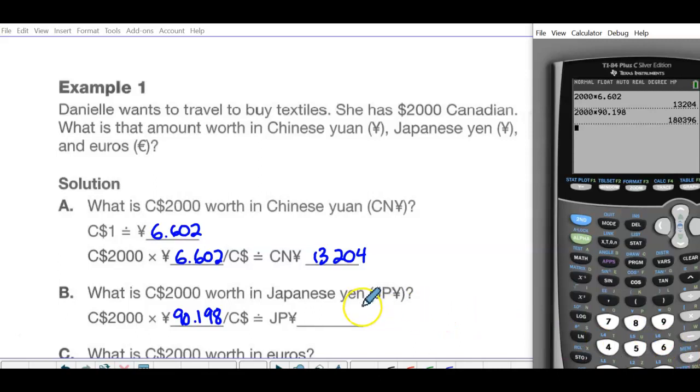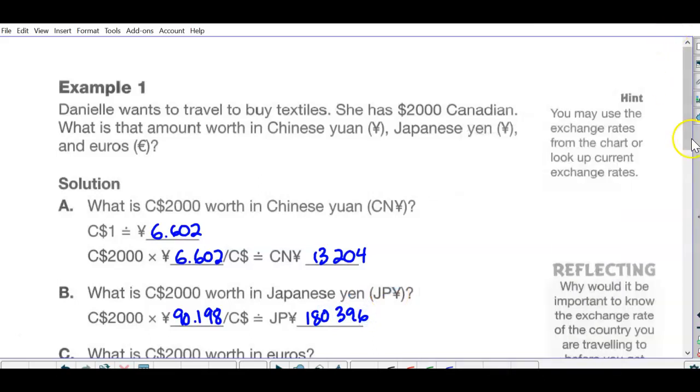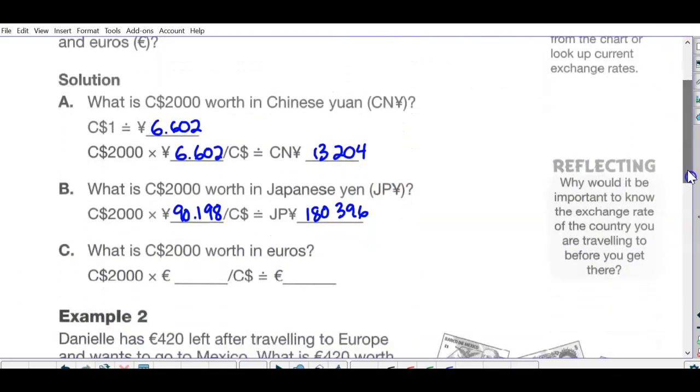This will be really big. 180,396 Japanese yen. Okay, notice the symbol is similar. This one is just the yen symbol, but this has JP for Japanese yen.